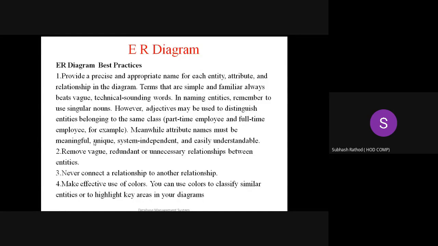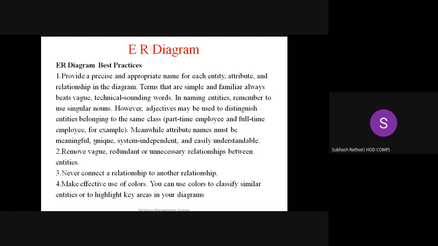For the database you are modeling, using color is better to classify similar entities and highlight things. So this point suggests you try to use color while representing the ER diagram. It is not mandatory. It is an added effect to your diagram, but it is not mandatory.